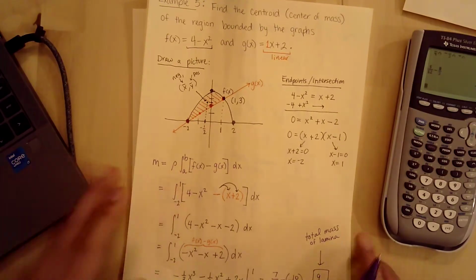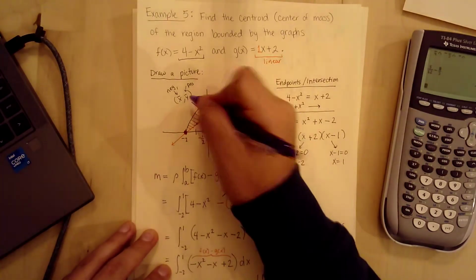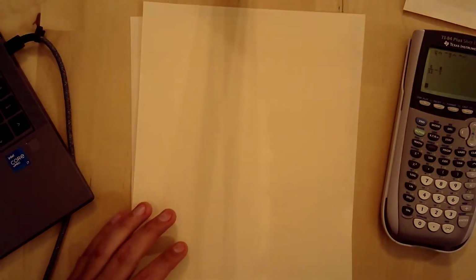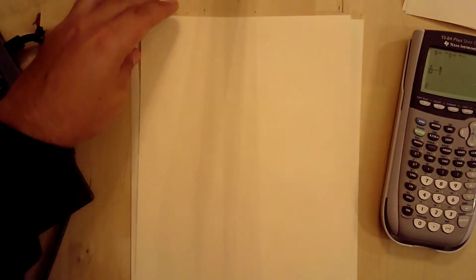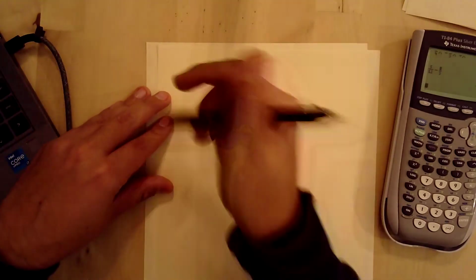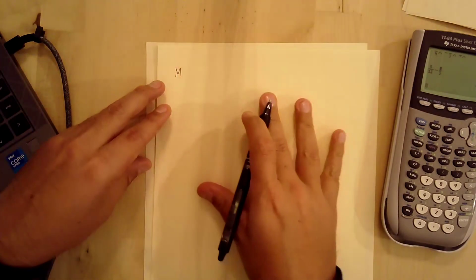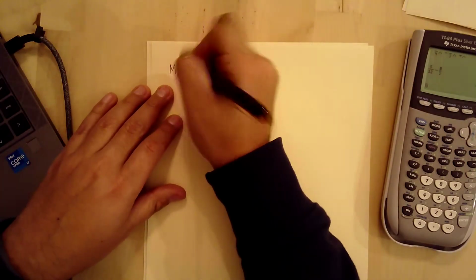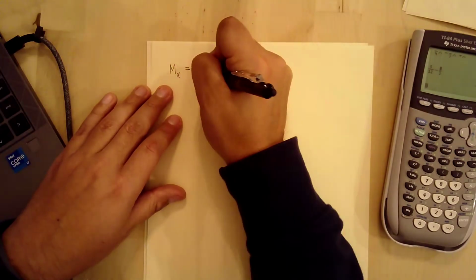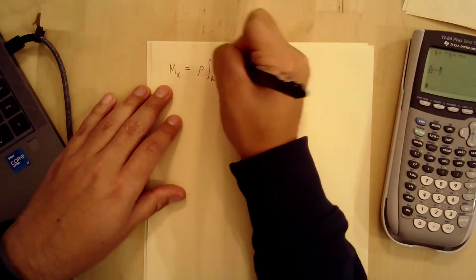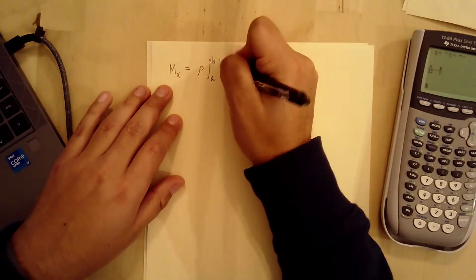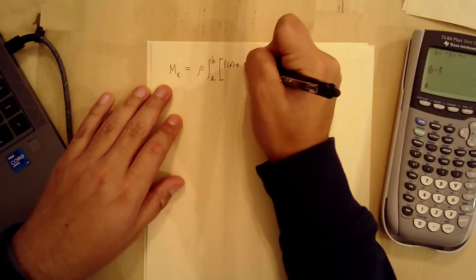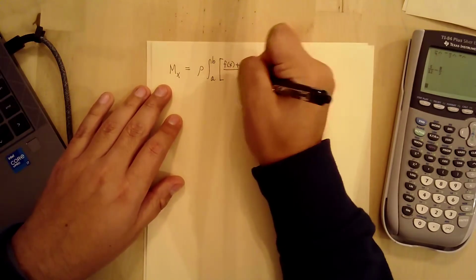So now what we have to do is find the center of mass in the y direction. So let's do that. We need to find the moment about the x-axis, which is going to be rho times the integral from a to b of the midpoint of those y values, so the top plus the bottom over 2, right?